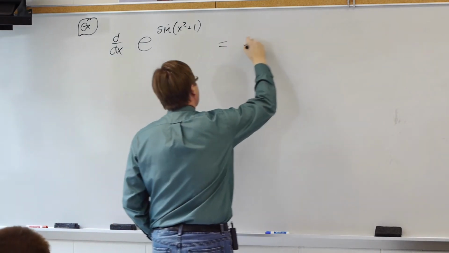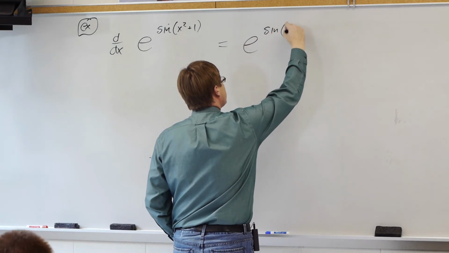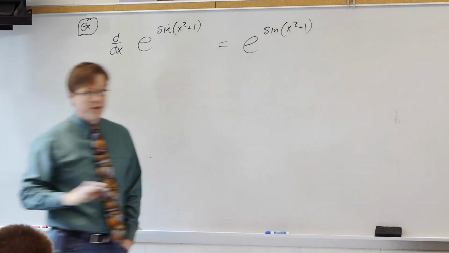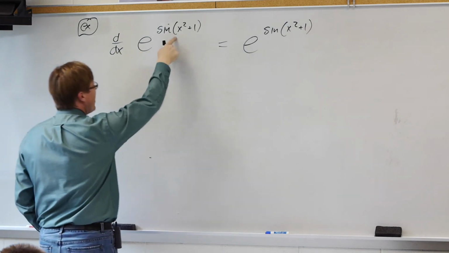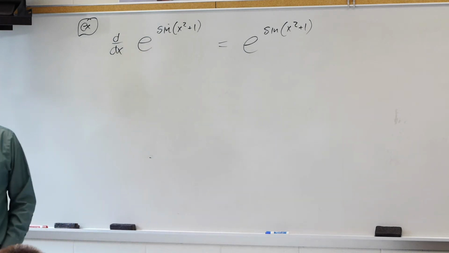Well, you would of course be wrong if you wrote that it equaled sine of x squared plus e to the sine of x squared plus 1 and just stopped. Because even though that's the rule, you've forgotten to apply the chain rule, right?